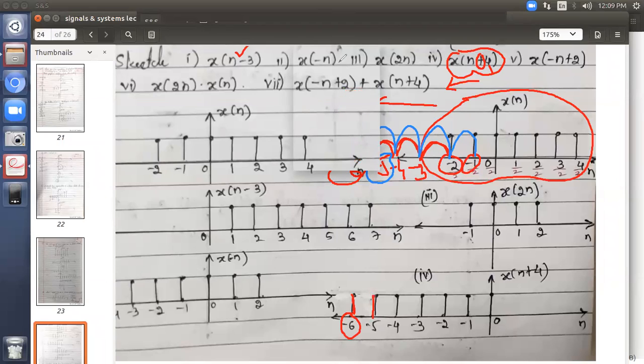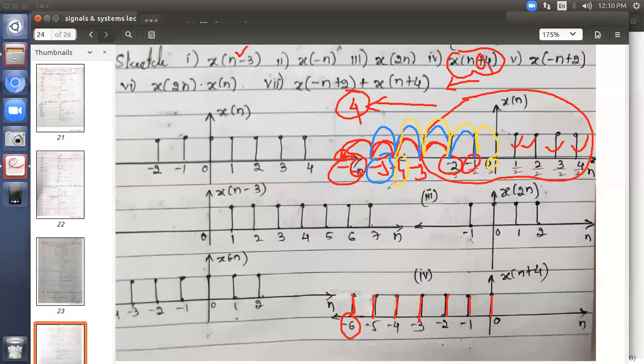Then for the third time, 0: 1 shift, 2 shift, 3 shift, 4 shift. I will reach minus 4, so take this at minus 4. Likewise, you do for 1, 2, 3, 4. The remaining 4 samples, you shift like that, and you will get this.